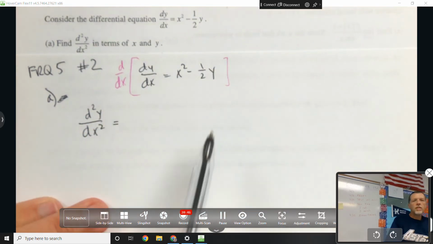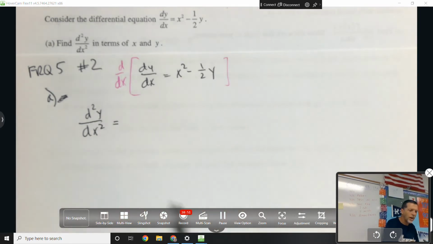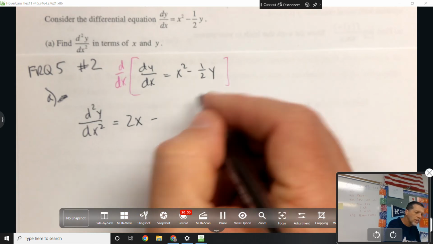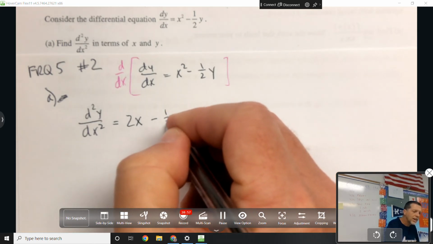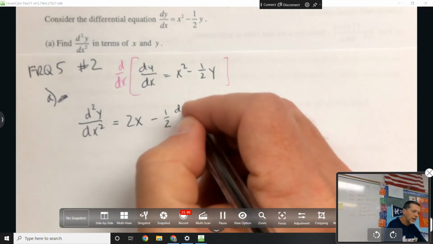So what's the derivative of x squared? 2x. What's the derivative of minus 1/2 y? Yeah, minus 1/2 y dy dx.